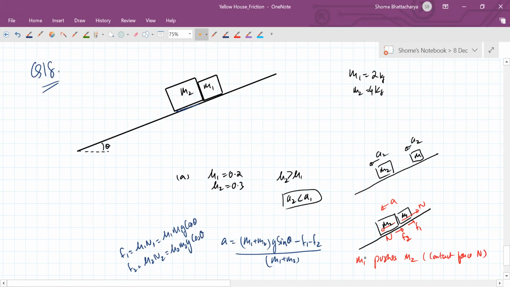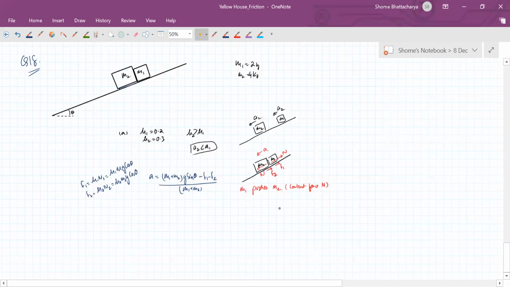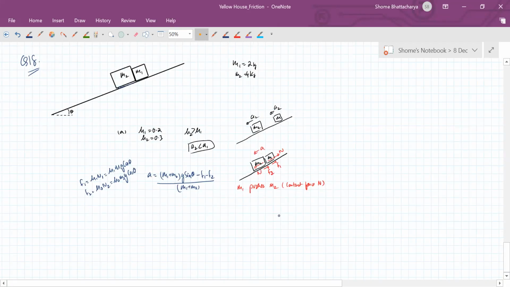And then you can substitute that in the individual FBD to find N. So also write an equation for M2 or M1, whichever. So for M2, you'll have M2g sine theta plus N minus friction is equal to M2A. So substitute this value of A here. So you'll get the normal contact force.